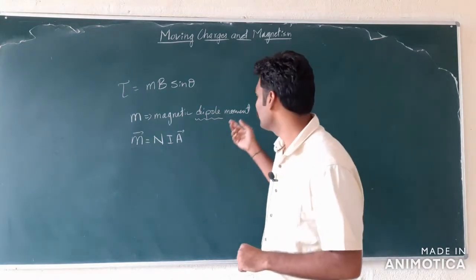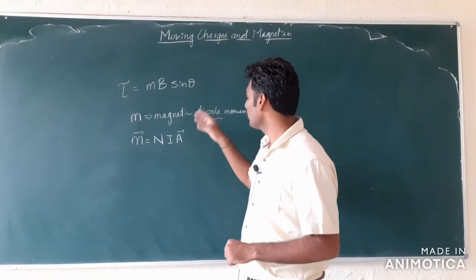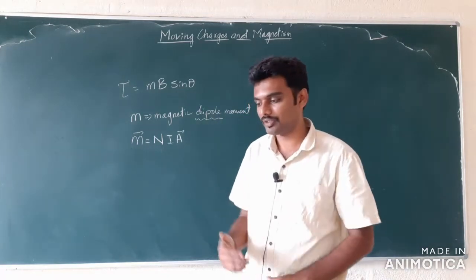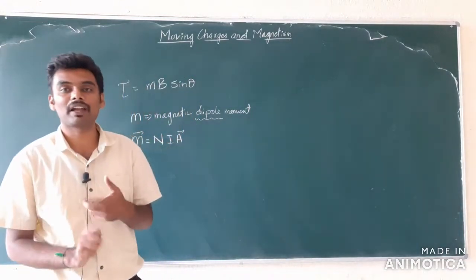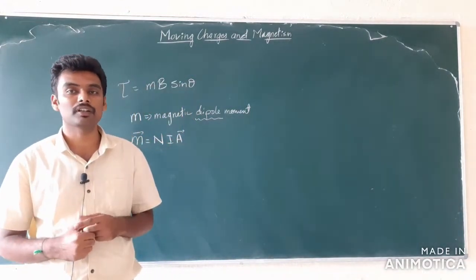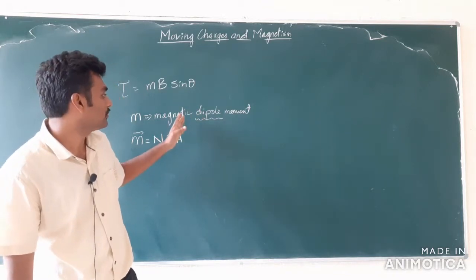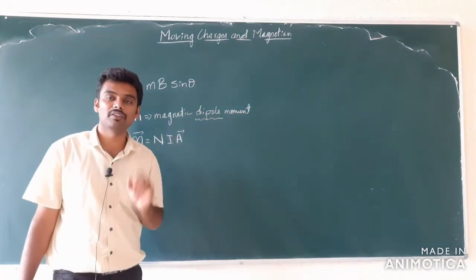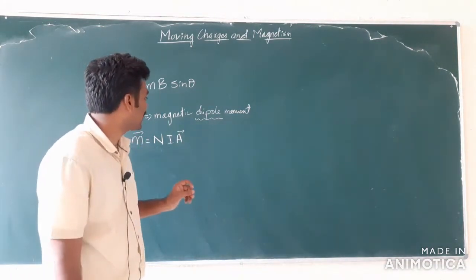But here we are seeing magnetic dipole moment itself as the first term, and now we shall see what is magnetic dipole, isn't it? Because there it's the opposite way, but now magnetic dipole has to be defined. Let us see how to define magnetic dipole.